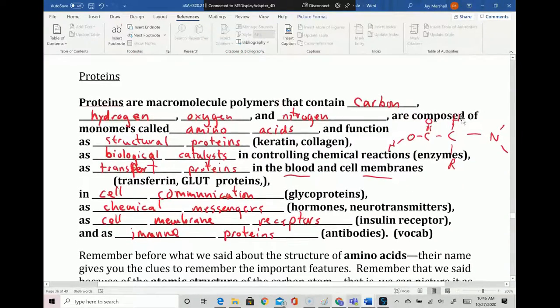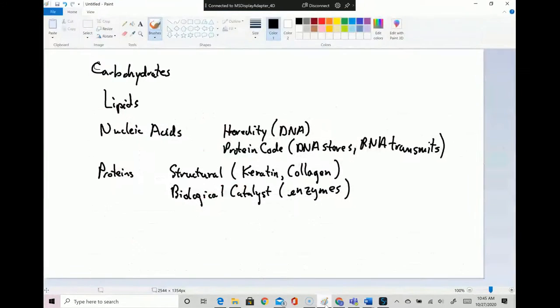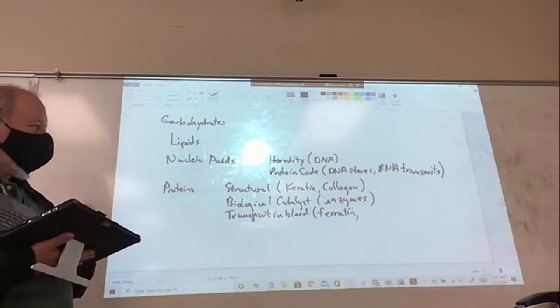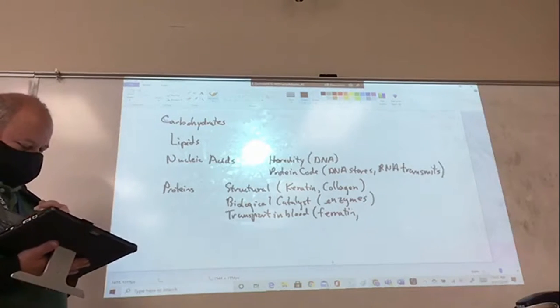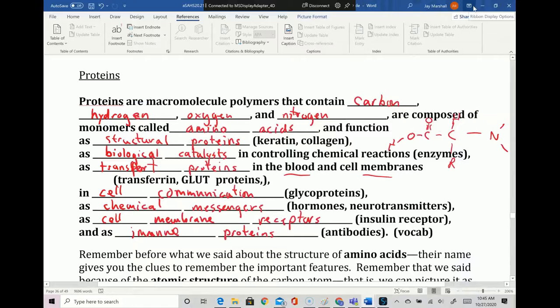So yeah, enzymes was all the things that we had there. And then for transport proteins, and we're just going to say transport in blood. We said transferrin.